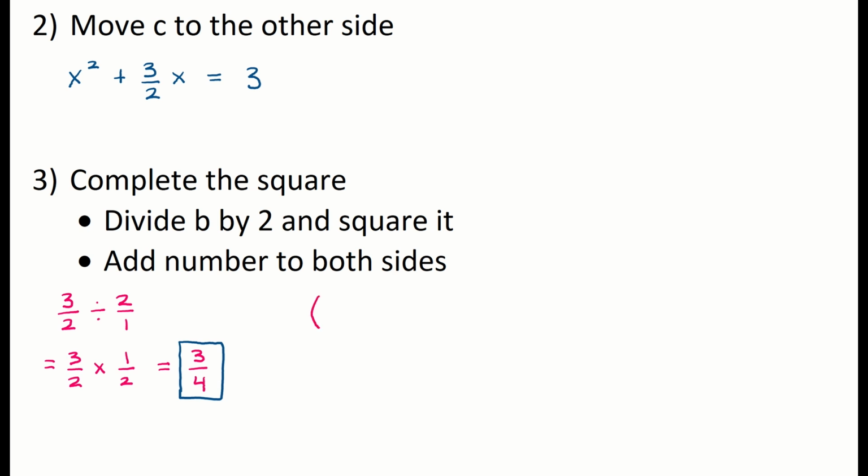And then I'm going to take the 3 over 4 and square it to turn it into 9 over 16. And the 9 over 16 is the number that I'm going to add to both sides, turning this into x squared plus 3 over 2 x plus 9 over 16 is equal to 3 plus 9 over 16.